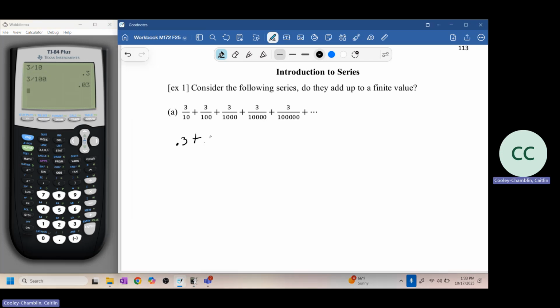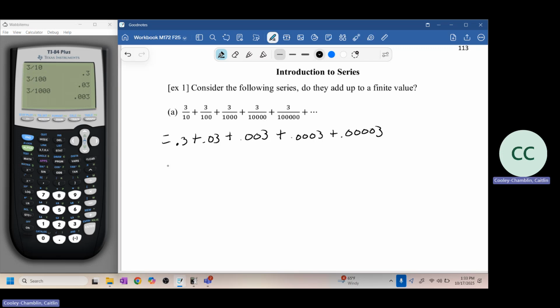This is 0.03 plus 3 divided by 1,000 is 0.003, and you can kind of see the pattern. So plus 0.0003 plus 0.00003. And as you can see, we just keep adding more zeros, a zero every time we move across.